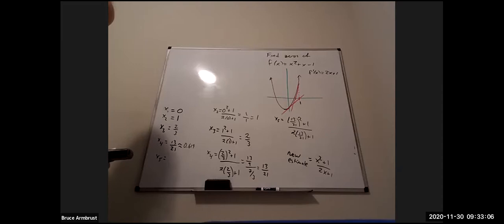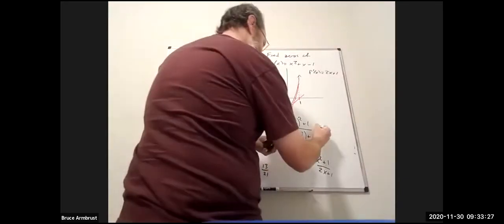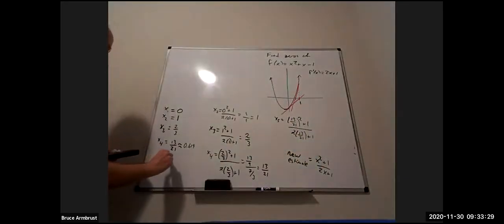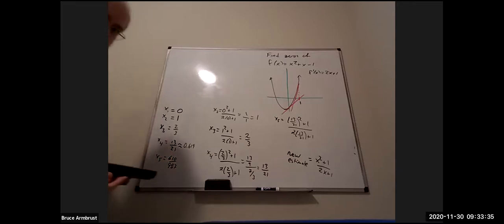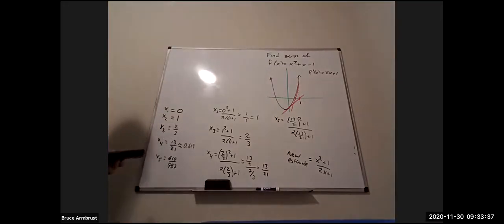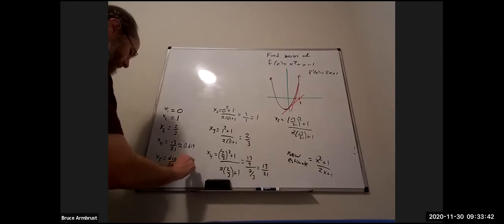So as a fraction, just if you're curious, x5 is 610/987, obviously. But as a decimal, that's around 0.618.